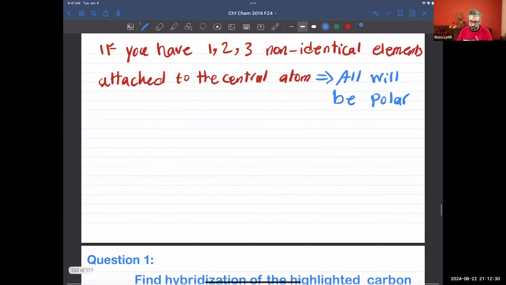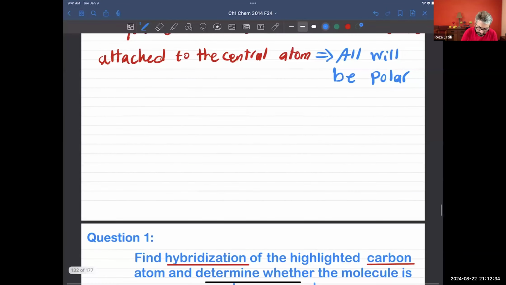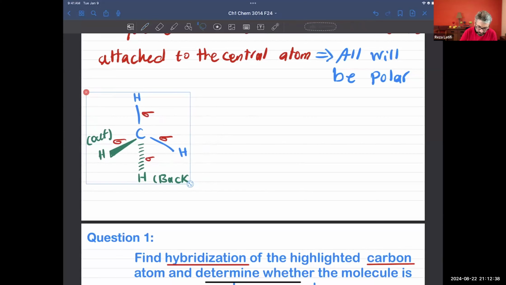Okay, let's write what I'm talking about. Okay, so let's say we have this. Again, let's clean this one. Okay, I'm going to copy paste this one 4 times.